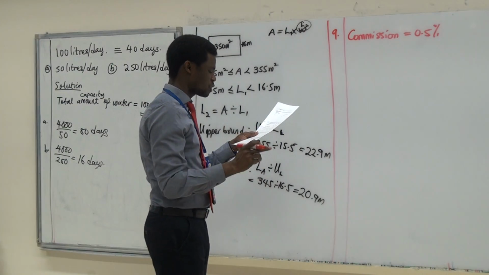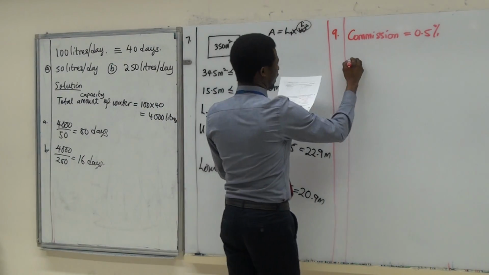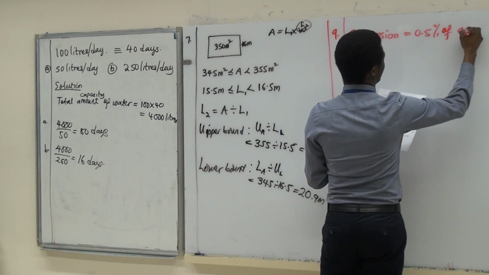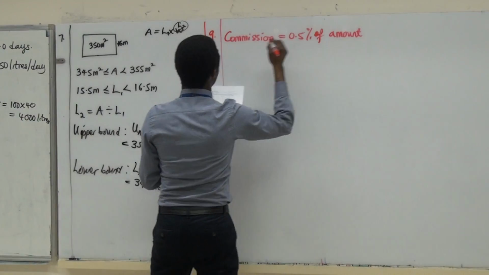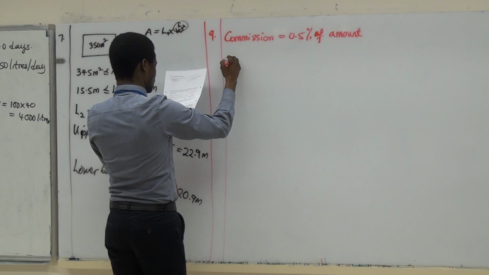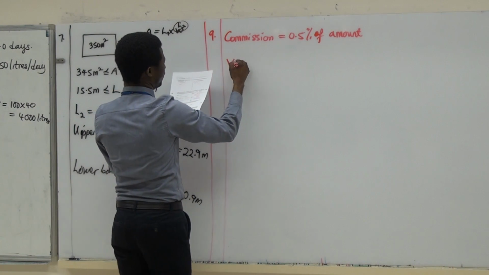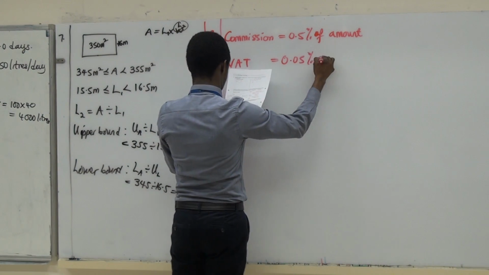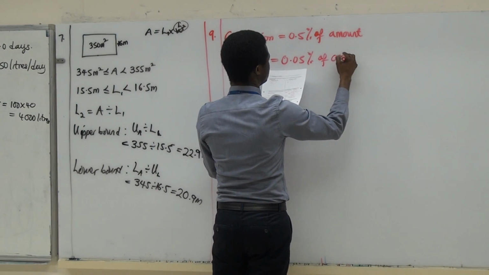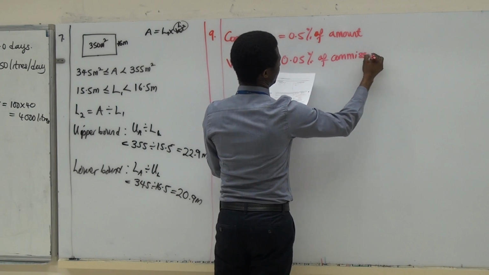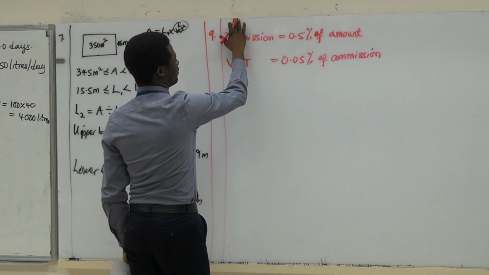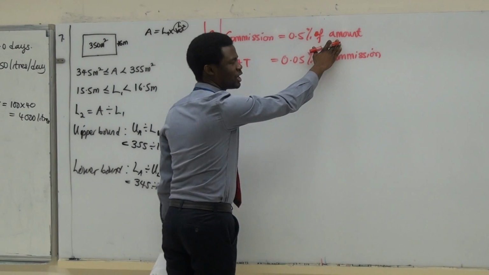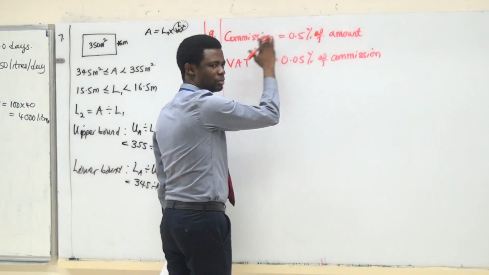Okay? They also charge 0.05% of the amount as VAT. We call it value added tax. The VAT is 0.05% of the commission. So if I'm sending 100, 0.5% of the 100 is the commission.